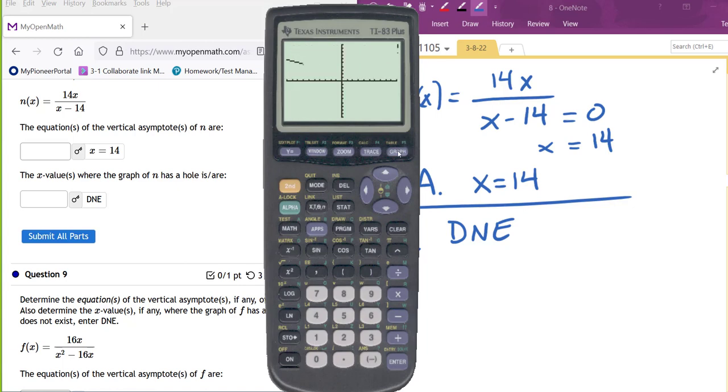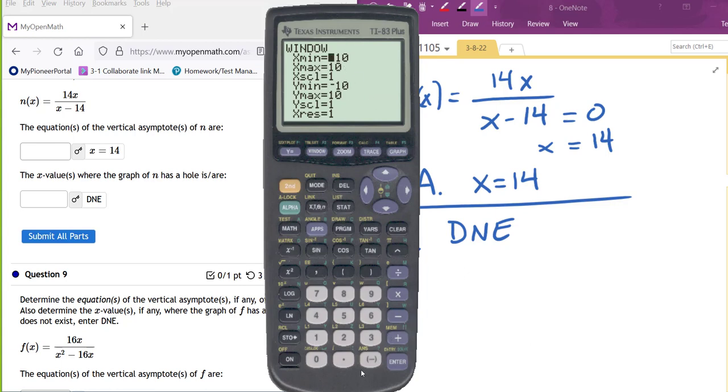All right, let's look at the graph, and I'll have to change the window because we said 14 is where the vertical asymptote is, and that is going to be where this blows up. So let's change the window. So we'll just change all of these to 20.